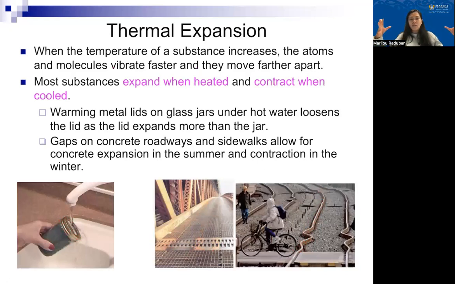And we'll see why at the end of the slide, but that's a very good point. Indeed, the expansion of ice when it freezes can also be quite dramatic, so that it can cause the glass bottle to break. But in general, most substances expand when the temperature increases, and most substances contract when the temperature decreases. Water is just an exception to that.